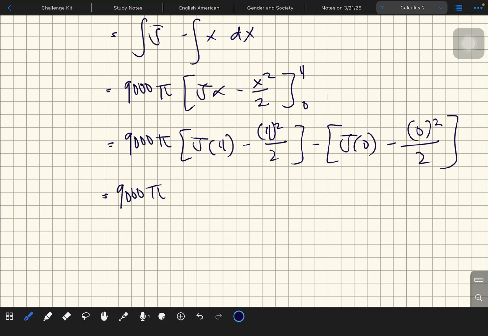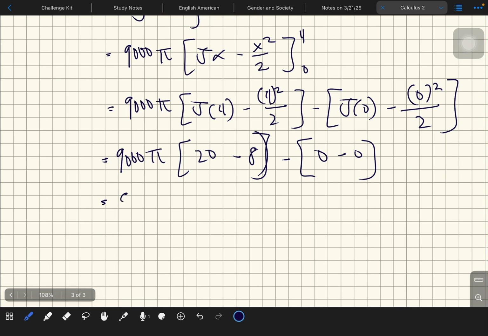So calculate. It will become 5 times 4 equals 20, minus 4 squared, 16, and 16 over 2 is equal to 8. Minus 5 times 0 equals 0. 0 squared is equal to 0, so 0 over 2 equals 0.